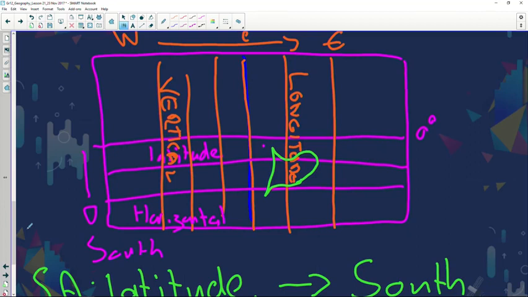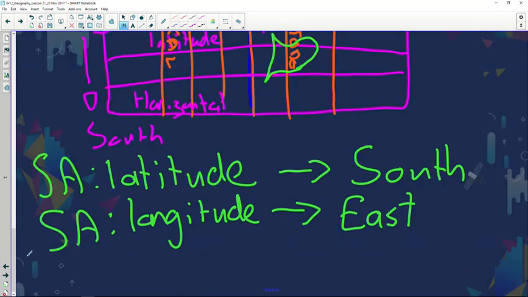Because we are south of the equator, moving down south, and east of the Greenwich. So our position will always be latitude south, longitude east. Please remember this.